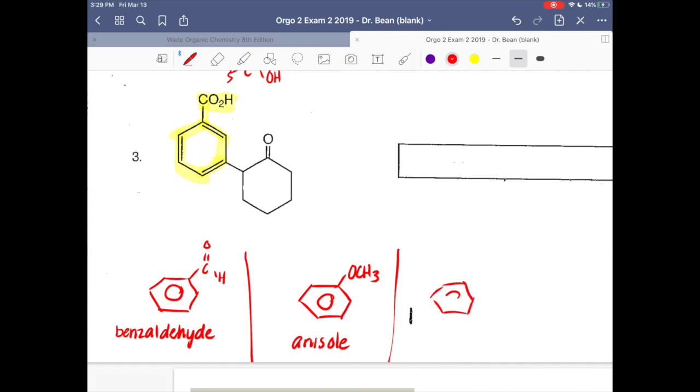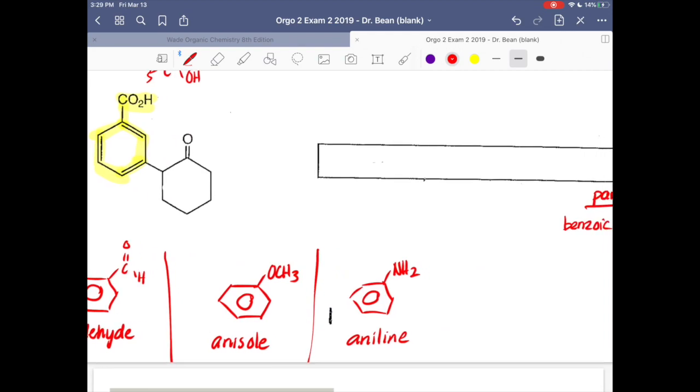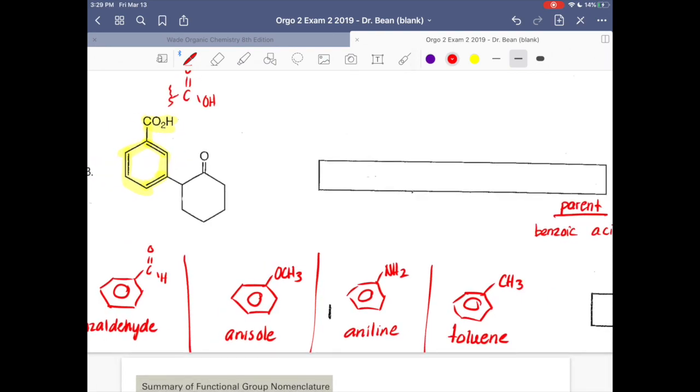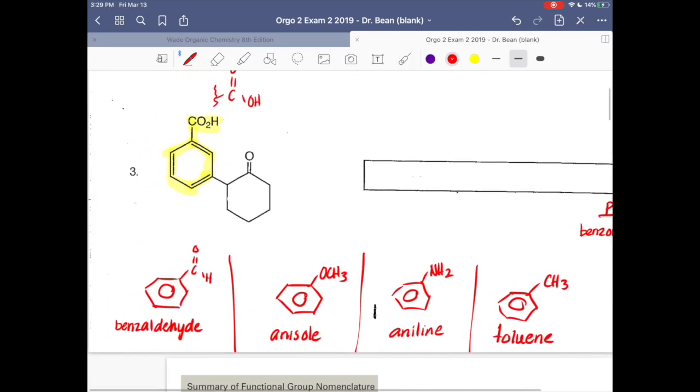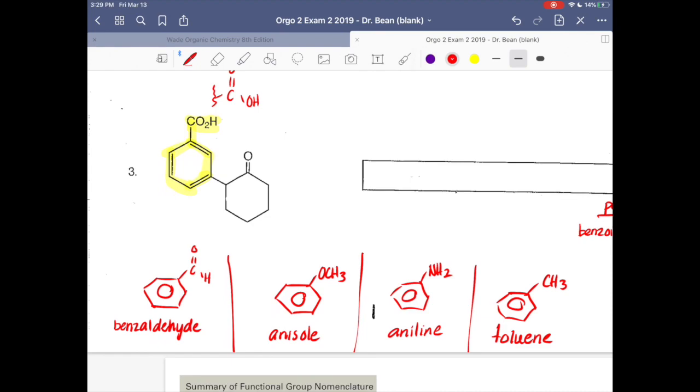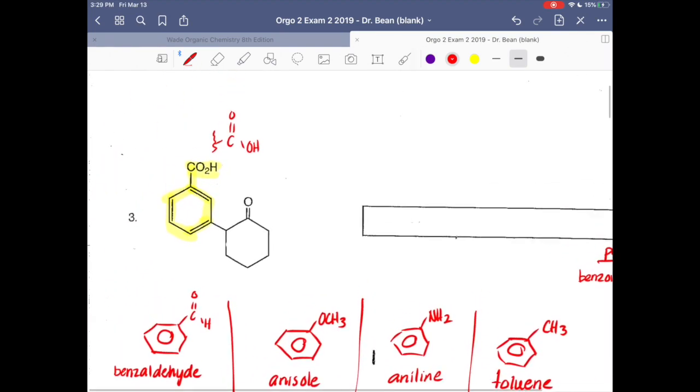Let's say that was replaced with an amino group. That's going to be aniline. So these are the common ones. And then let me see if I can think of one more. Okay, so let's say we had a benzene with just a CH3, right? A methylbenzene, basically. You could also call it toluene, like that. Okay, and then of course the benzoic acid, we have that one up there.